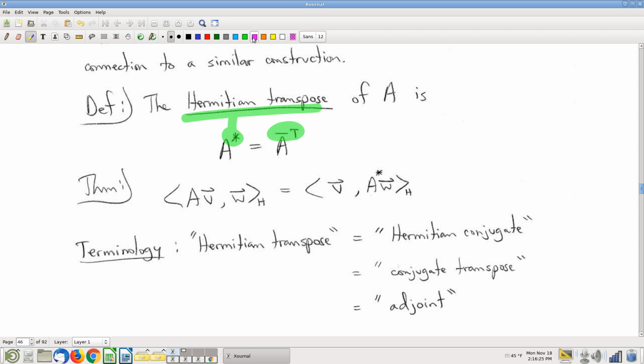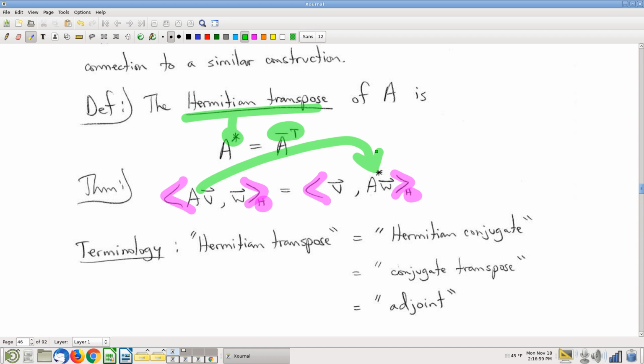The Hermitian dot product relates to the Hermitian transpose in a way that is totally analogous to the way the good old regular dot product interfaced with the good old regular transpose. So in our Hermitian world, our Wonderland world, this is what we're going to call the new notion of transpose, or more commonly we'll just say the Hermitian transpose.